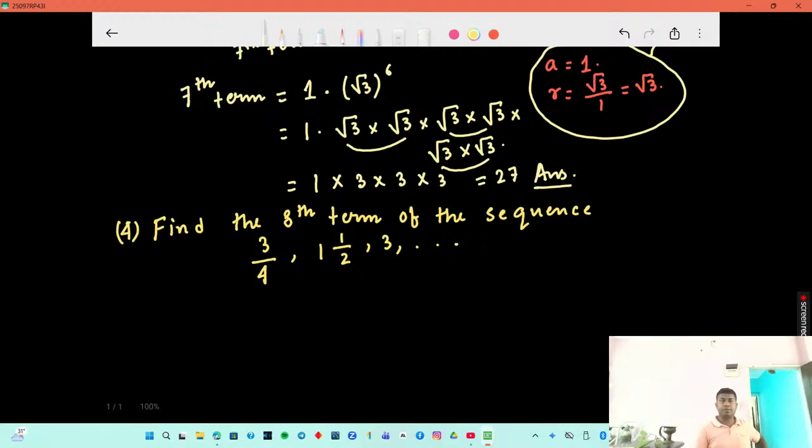Find the eighth term of the sequence 3 by 4, comma 1 by 2, comma 3 by 2. So here, how can we find the eighth term of this sequence?